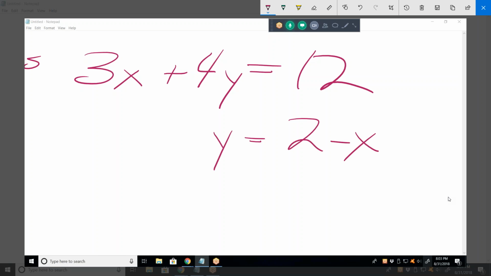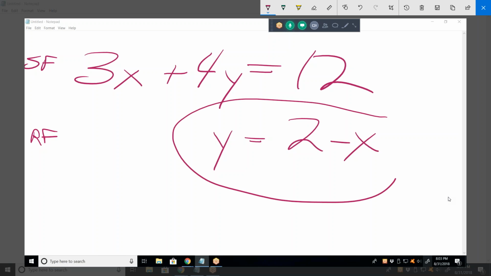So when I have standard format and I have, let's call this regular format, I'm never using elimination. I'm always using substitution. The reason being is that this equation is defined in one variable. They have told me what y is equal to. So I'm going to use substitution 100% of the time here.